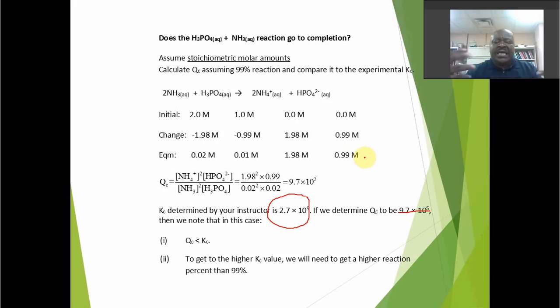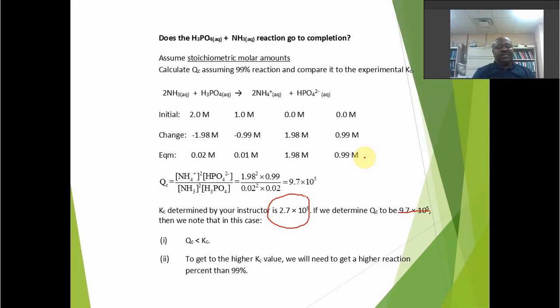So the idea is, when I assume 99%, I get Qc less than Kc, then it means that the reaction is more than 99% done. Because in order to get Qc to get to Kc, I've got to allow for greater percentage reaction.